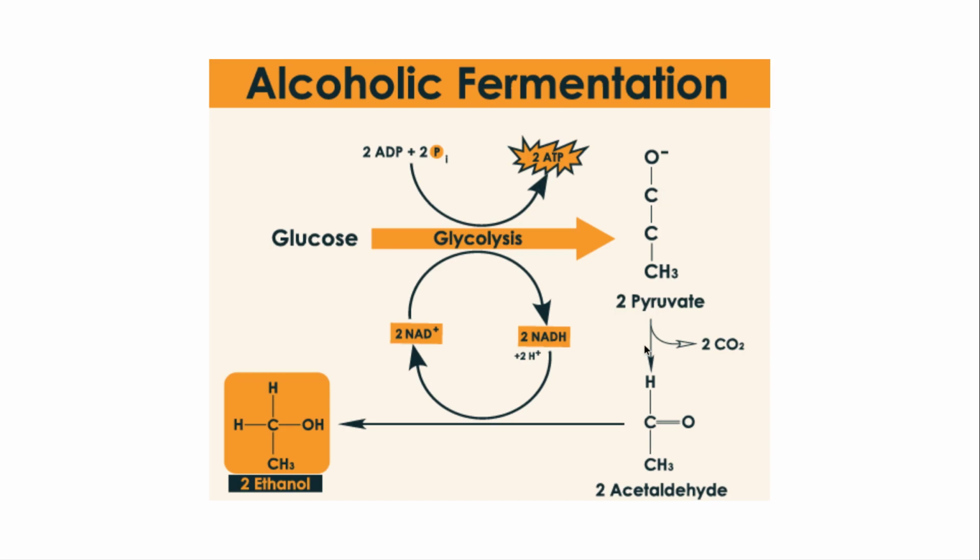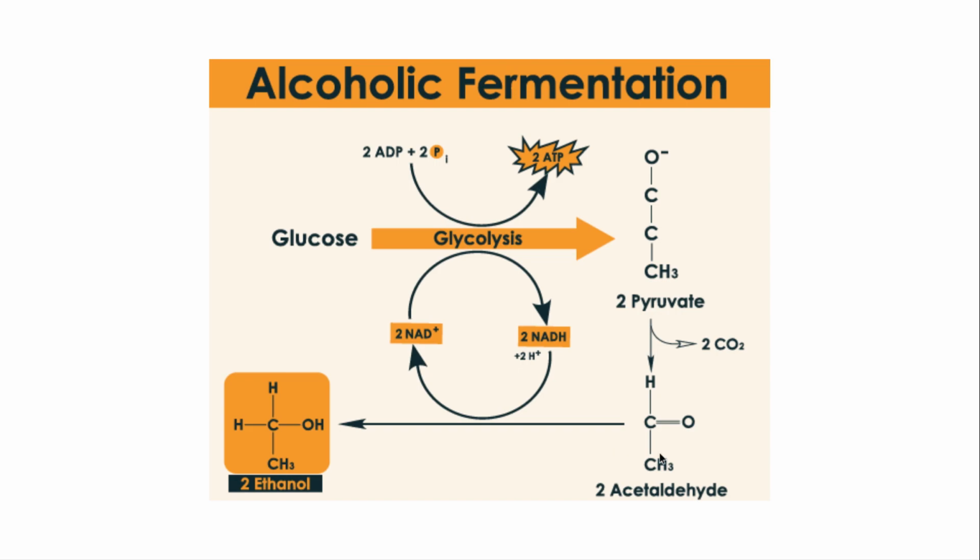So the last carbon is lost as carbon dioxide, and the remaining molecule is called acetaldehyde, and the acetaldehyde becomes ethanol. Ethanol is the alcohol usually consumed in alcoholic beverages. So you're producing carbon dioxide and also ethanol.